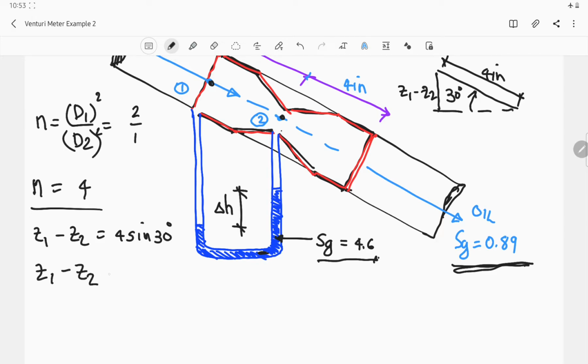So z1 minus z2 is 4 sine 30, that's 2 inches.